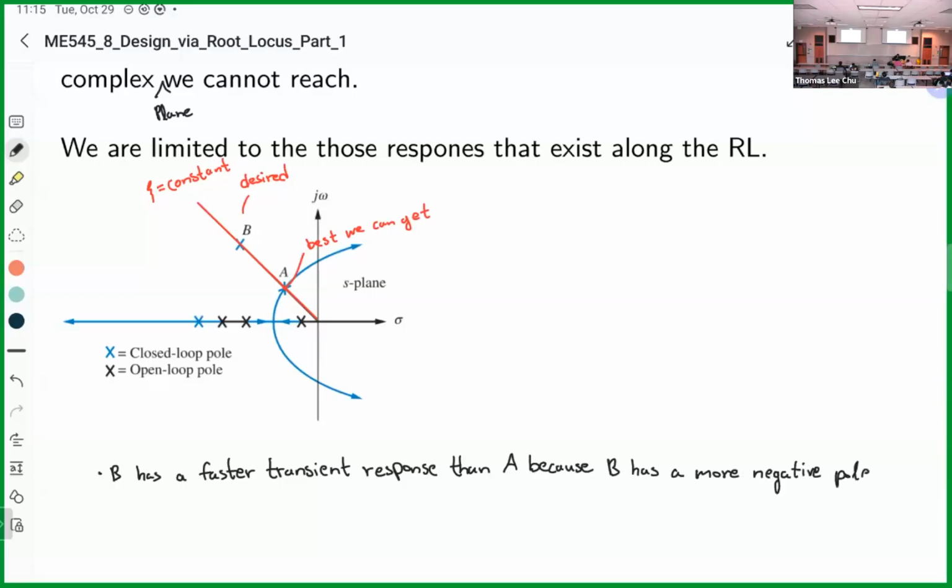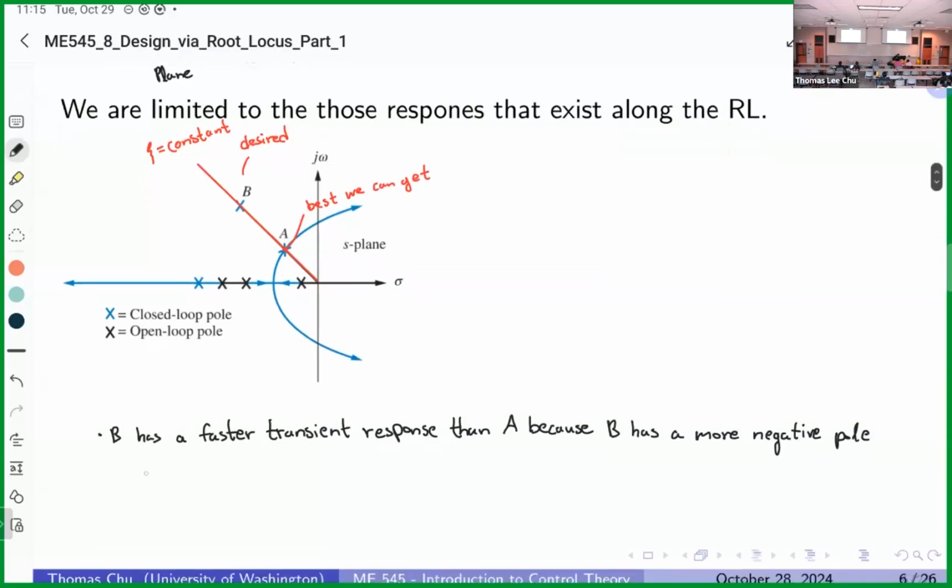Since B has a more negative pole, the decay is going to be faster. However, we do know that the percent overshoot of B is equal to the percent overshoot of A, and that's because percent overshoot is only dependent on your damping ratio.